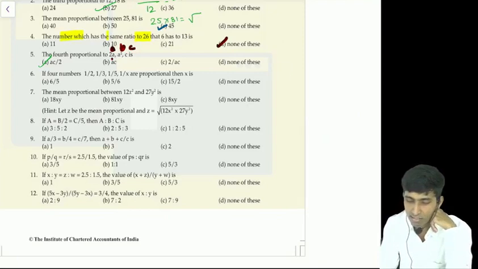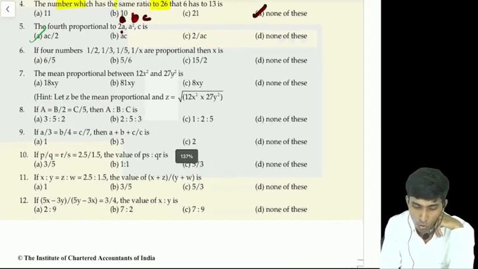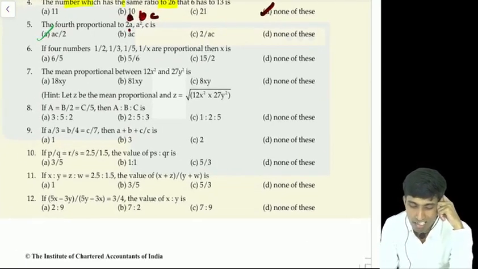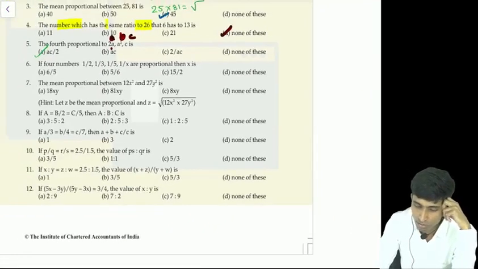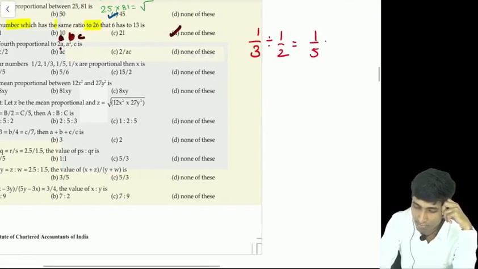Chalo, next. The four numbers 1 by 2, 1 by 3, 1 by 5 and 1 by x are in proportion. Then what is x? How will we solve this? 1 by 3 divided by 1 by 2 is equal to 1 by 5 divided by 1 by x.